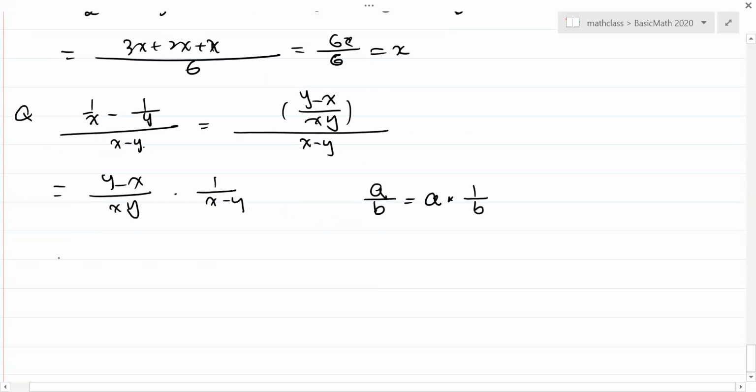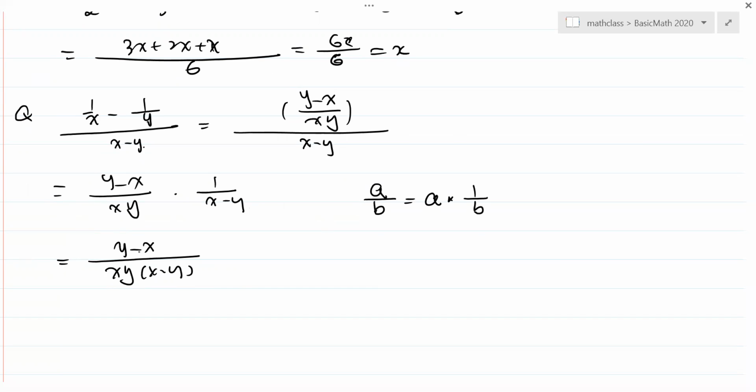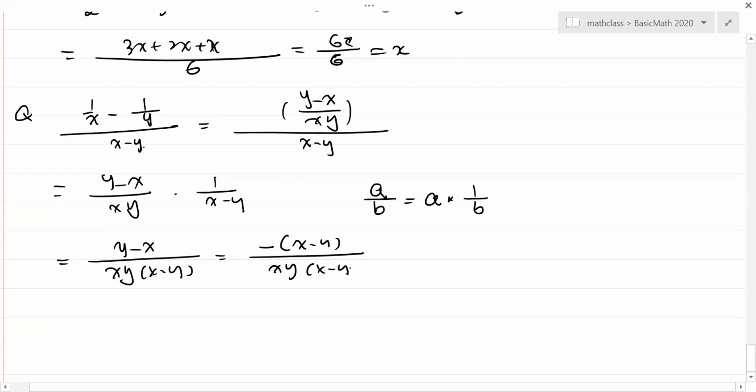So now this will be y minus x over x times y times x minus y. Can we simplify it further? The answer is yes. Y minus x and x minus y differ by a sign. This y minus x is negative x minus y, and this x minus y is cancelled out. Finally, I get negative 1 over x times y.